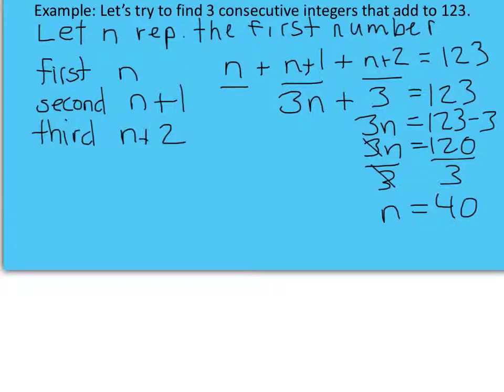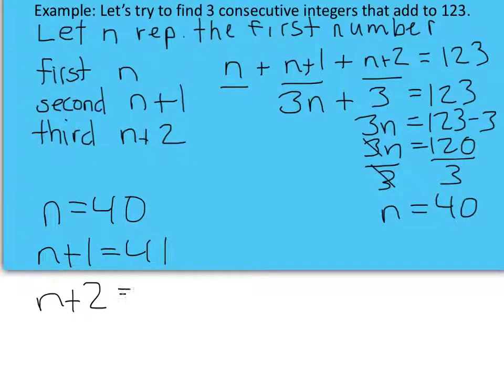So if my first number is 40, n plus 1 must equal 41, n plus 2 must equal 42. I'm going to check this to see if it works.